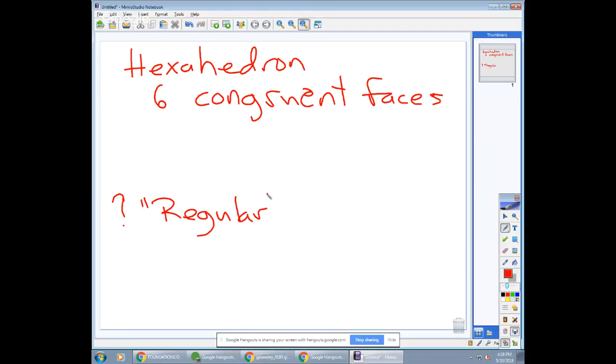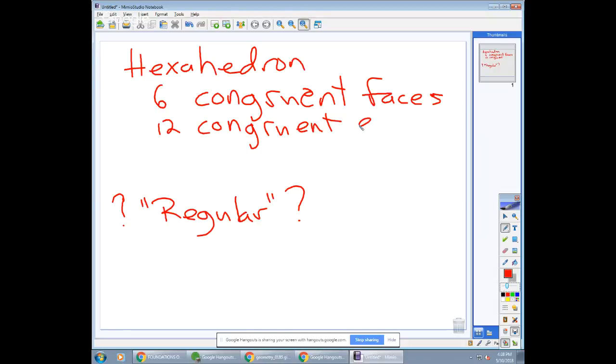So in 2 dimensions, something was regular if it had all the same angles and all the same edges. In 3 dimensions, we have another thing to throw on there. It would have to have the same faces too. So checking out that, well, it's got 6 congruent faces. It seems to have how many congruent edges? 12? Yeah, 12 congruent edges.